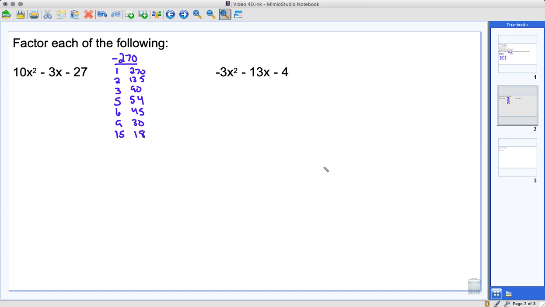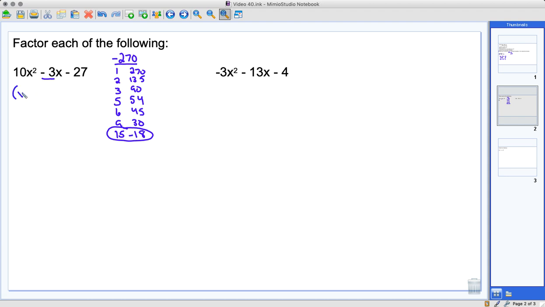Okay. So those are all the factors of 270. So now I want my numbers to add up to -3. Okay, so all these numbers that are really far apart from each other aren't going to give me a really small number. So actually 15 and 18 if I make the 18 negative.